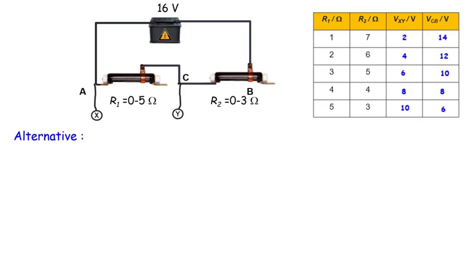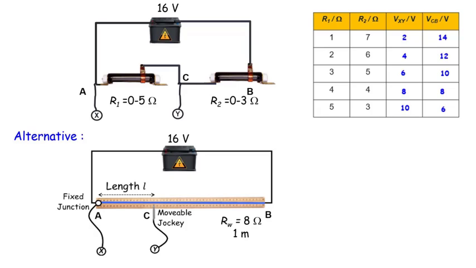Instead of using two resistors, we can replace them with a single wire of 8 ohms. Since R equals ρL over A, if the cross-section of the wire is constant, then the resistance is proportional to the length. Hence, R1 to R2 equals L1 to L2.